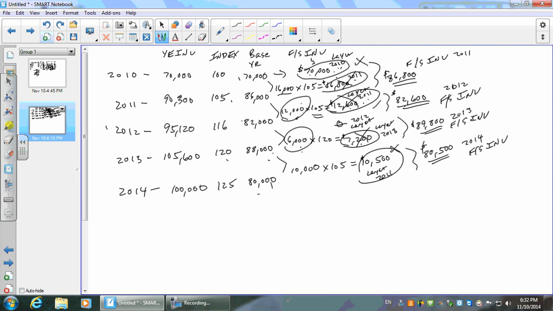So what I have left is 70 from the base year, right, and 10 from 2011, the second year, right? Because that was 12, and now it can only be 10 because we only have 80 left in base year dollars. That's the 80 composed of, right?